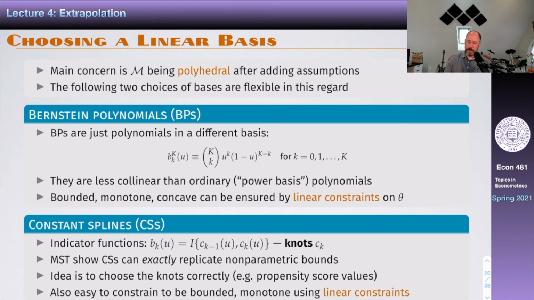And in both of these cases, this type of restriction can be imposed by just linear constraints on theta. So as long as we have a linear program, with linear objective functions and linear constraints, we're going to be able to exploit the machinery of solving linear problems. And this is what they're going to propose and do in these papers.